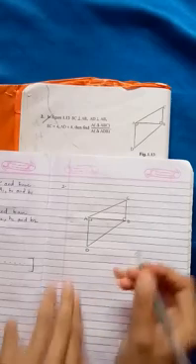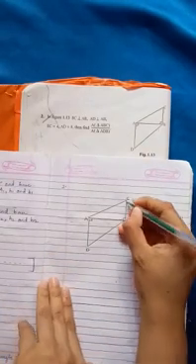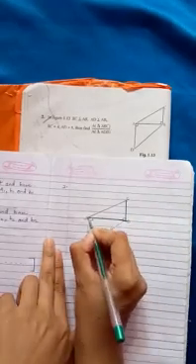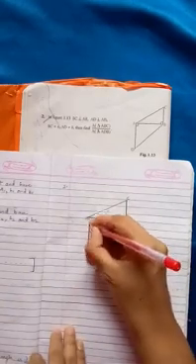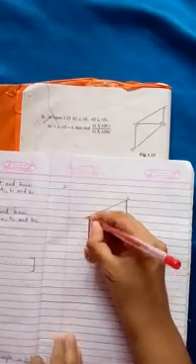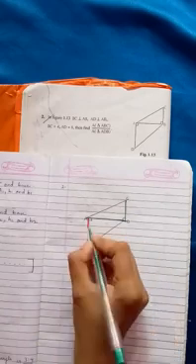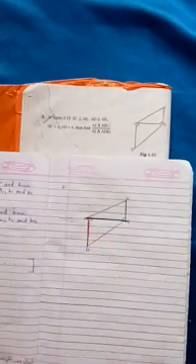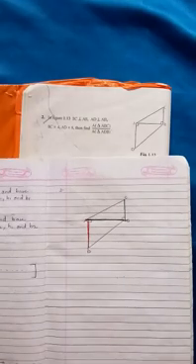BC is perpendicular to AB, correct? And this AD is perpendicular to AB. So two triangles, you then need to find the ratio, and something else is also given. What is given?